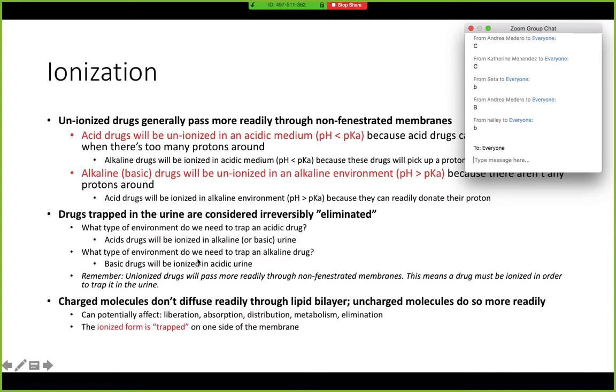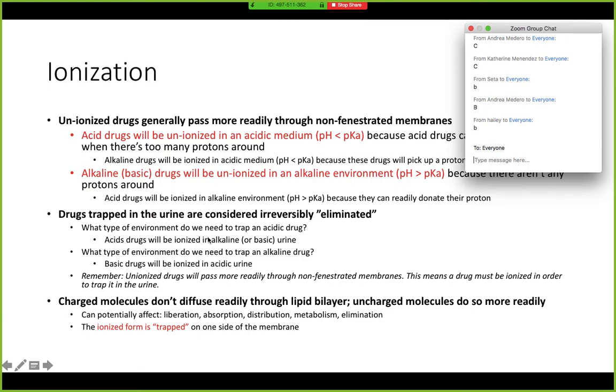And what type of environment do we need to trap an alkaline drug? Basic drugs will be ionized in acidic urine. So this is kind of saying the same thing as the chart, but I'm hoping that if this is confusing, you go back and read through this a few times with fresh eyes, and eventually it's going to click.